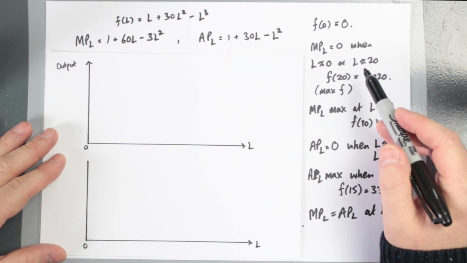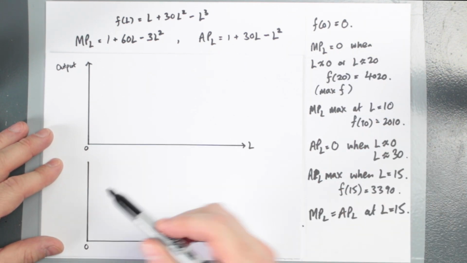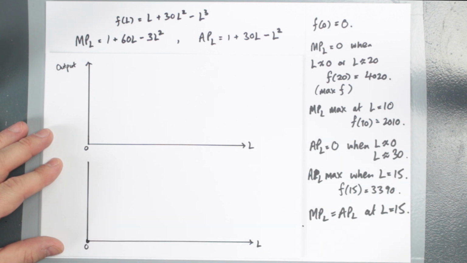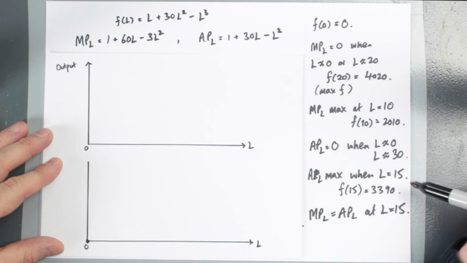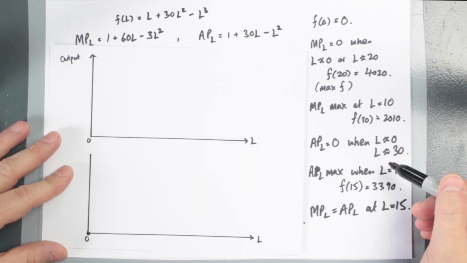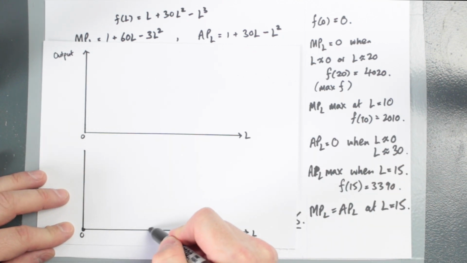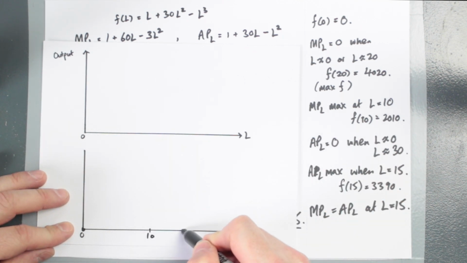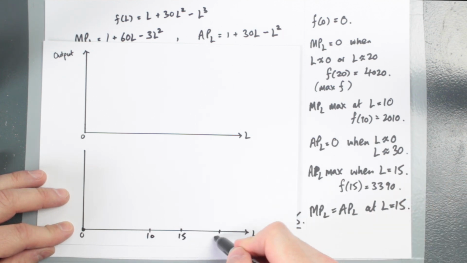So I know, for instance, let's have a look at the marginal product of labour. It starts at about 0. L equals 10, 15, 30 seem to be relevant. So let's put these on the diagram. Let's put 10 here, and 15 here, and 20 here.